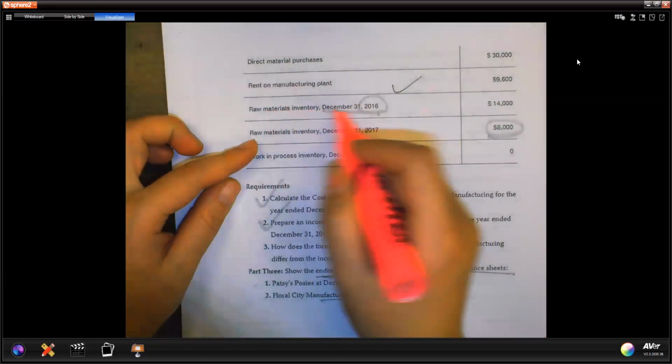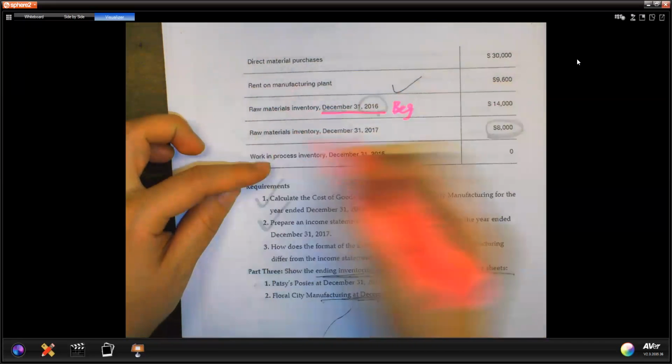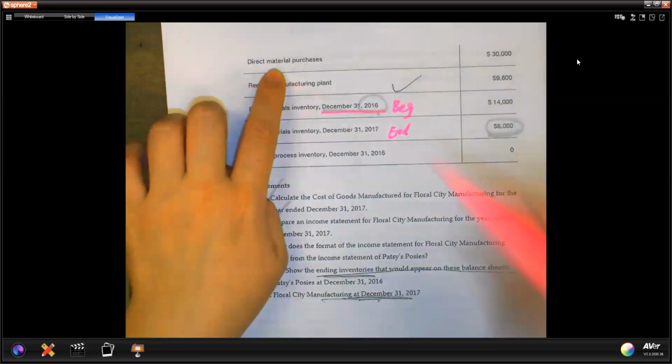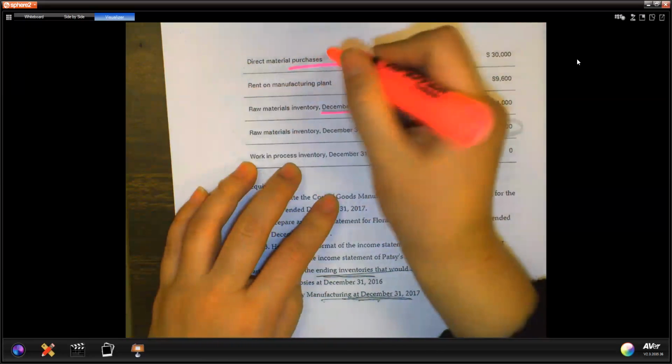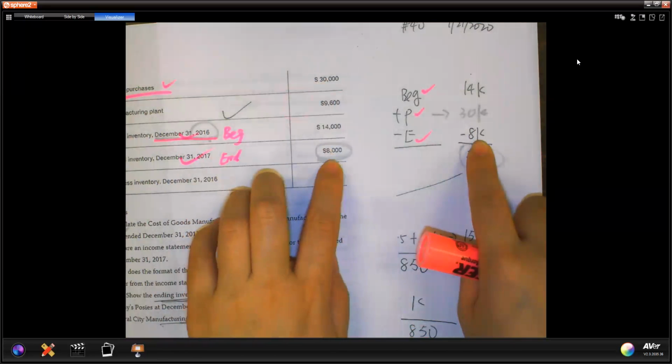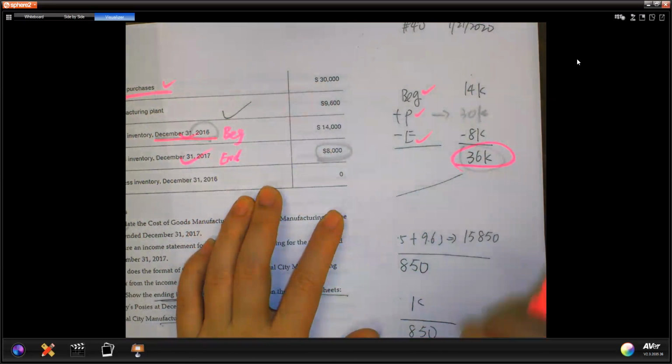Raw material, last year's end is this year's beginning, and then this is your this year's ending. So you found the direct material purchased. Beginning 14,000. We purchased 30,000. We still have 8,000. So we used material of 36,000. So we got the first step.